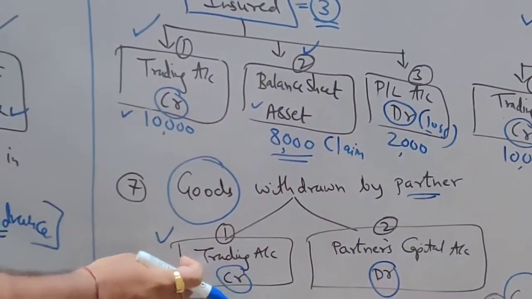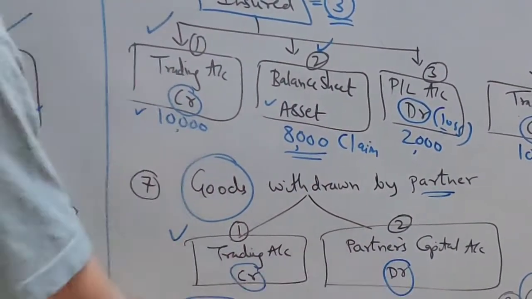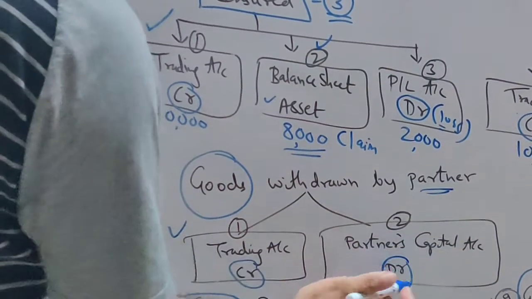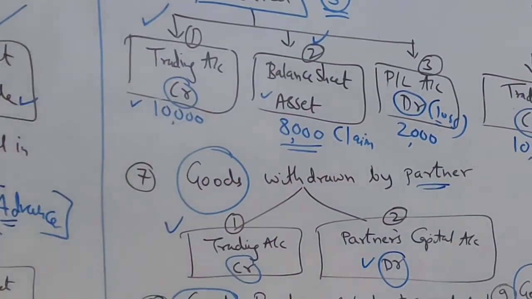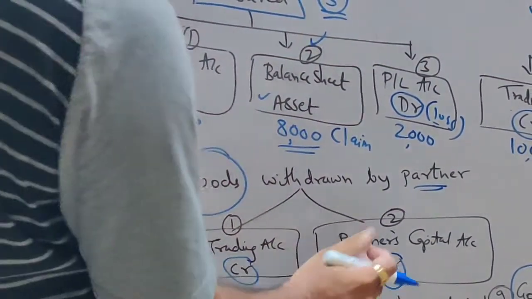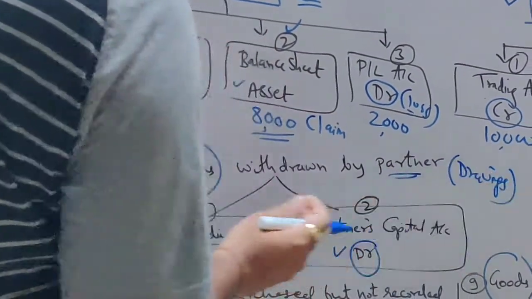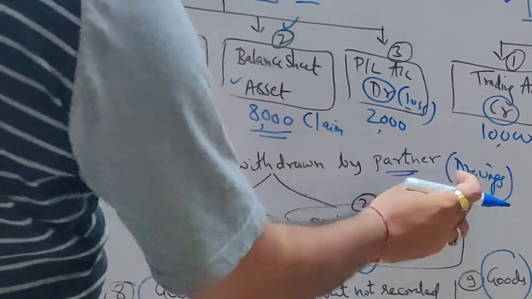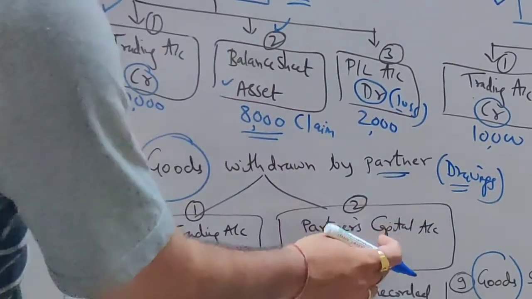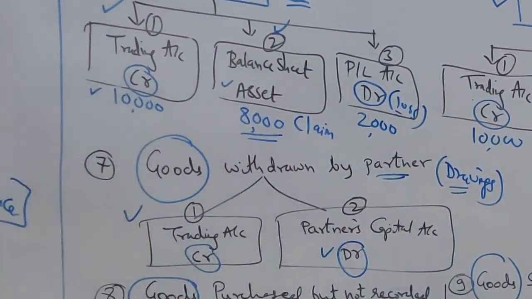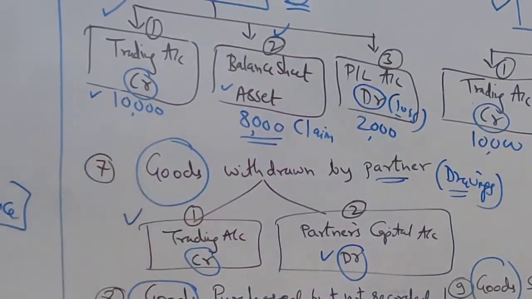In the partner's capital account, you will write it on the debit side because this is a drawing. Whenever a partner takes away goods for personal use, it is a drawing. Drawing you will write on the debit of the capital account. Am I clear with this?